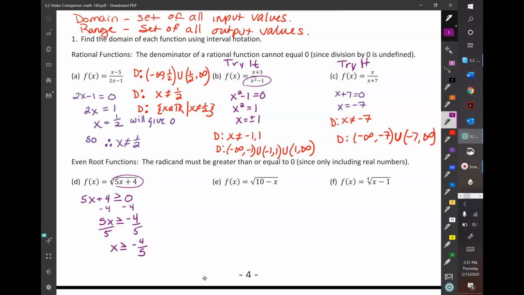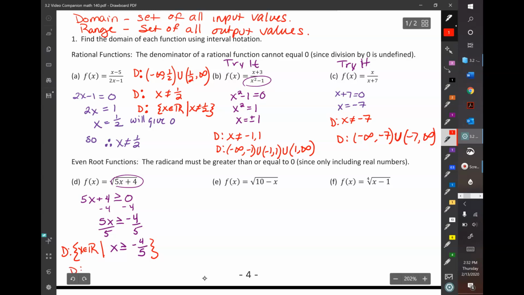If I wanted to make it kind of pretty with the braces: x is an element of all real numbers such that x is greater than or equal to negative 4/5, and then just end that with a brace. But again, what I have there in purple is just fine.